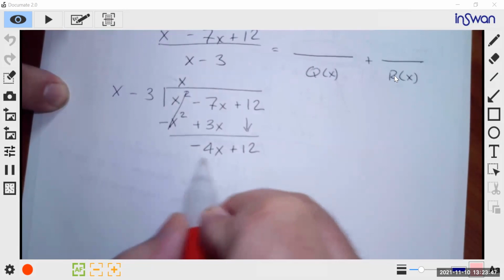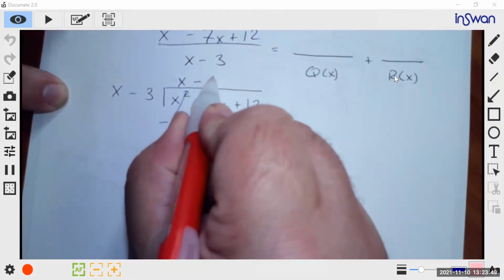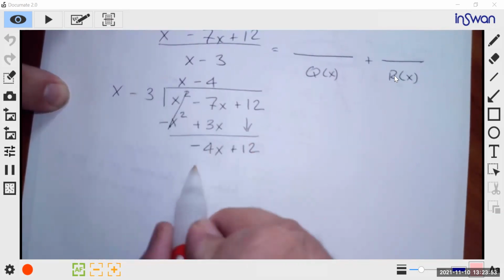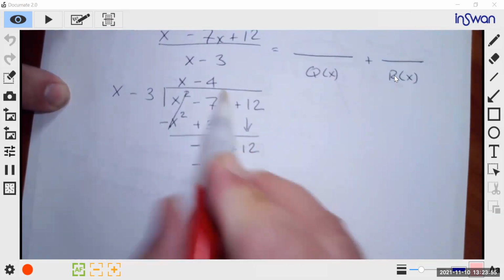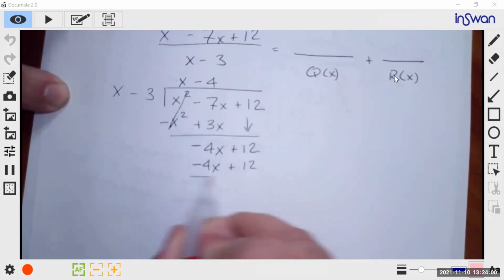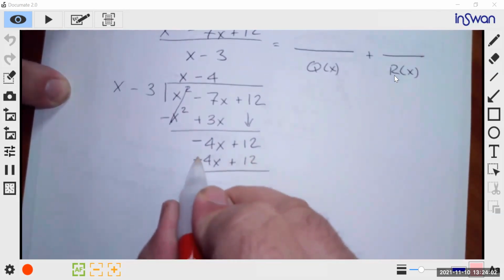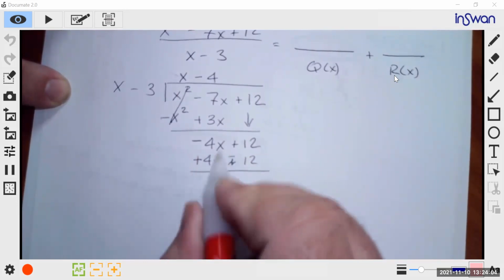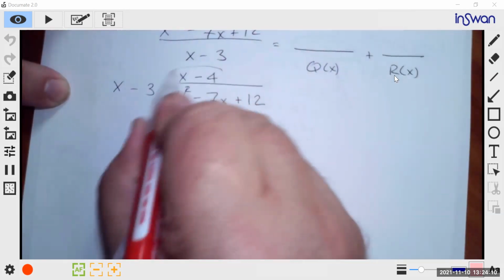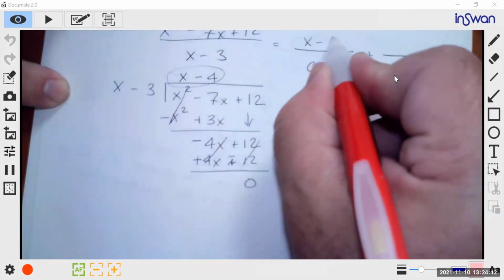What times x gives me negative 4x? Negative 4. So negative 4 times x is negative 4x. Negative 4 times negative 3 is positive 12. Change the signs and add. So the quotient is x minus 4.